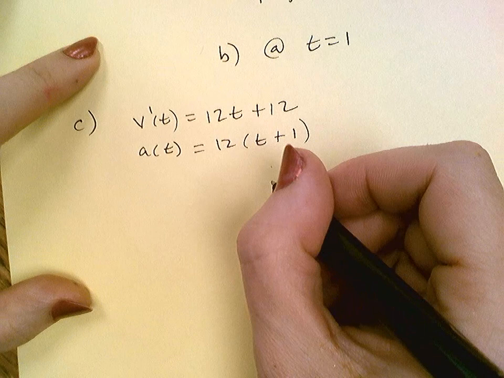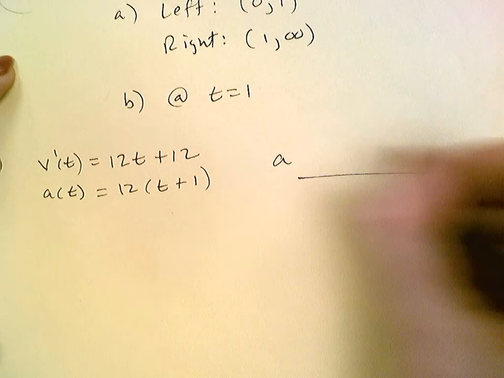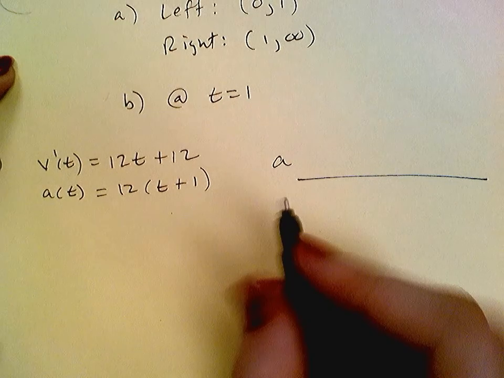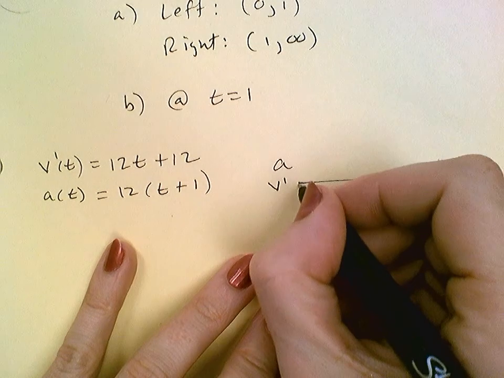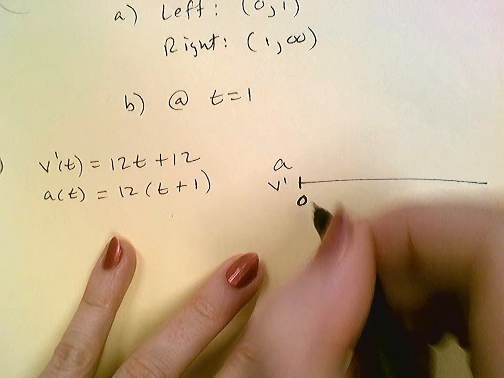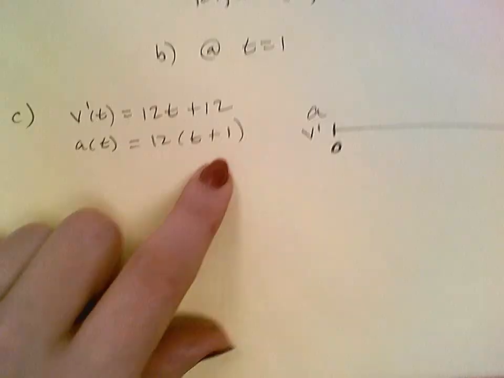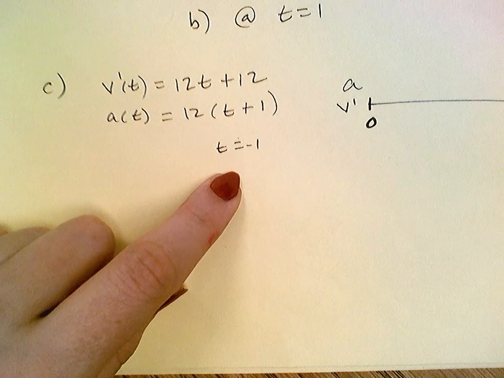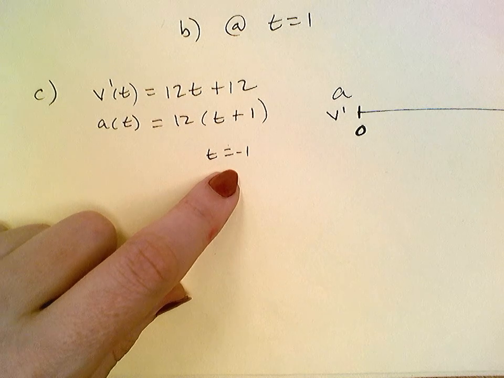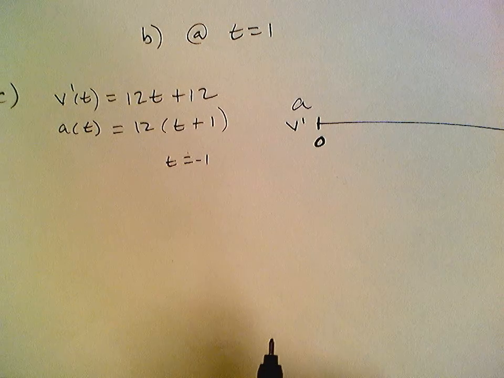And then you get, okay, so then for the acceleration number line, which is the same as v prime. Remember, time is the domain, so we're not going to have negative. So here you'd have t equals -1 would be like a critical number, but that's not even on this number line.